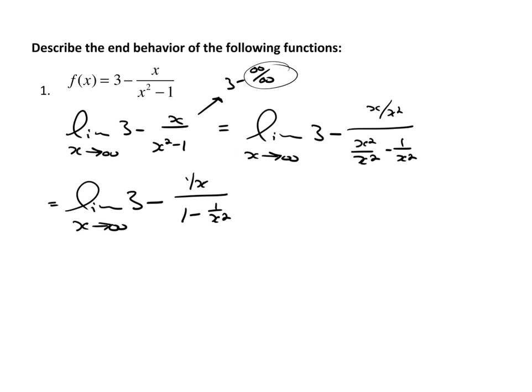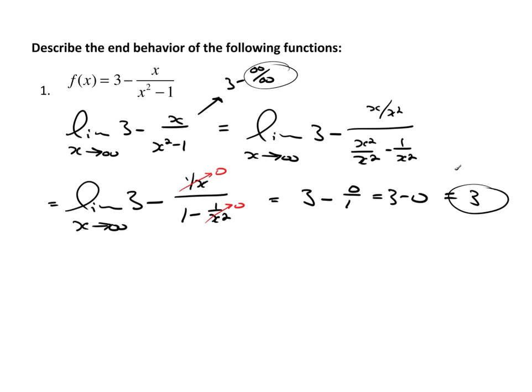So now if I take the limit as x goes to infinity, 3 is just 3. 1 over x goes to 0. 1 is just 1. 1 over x squared goes to 0. So what I end up with is 3 minus 0 over 1, which is simply 3. So the limit as x goes to infinity is 3.